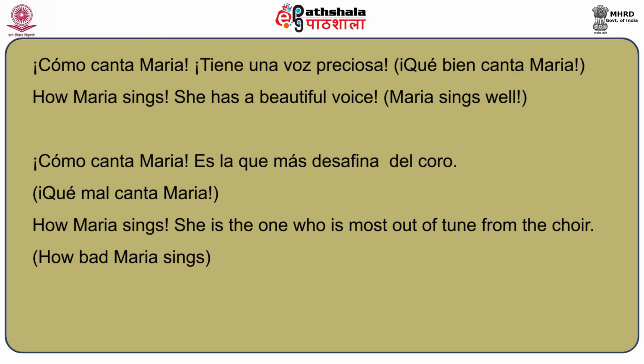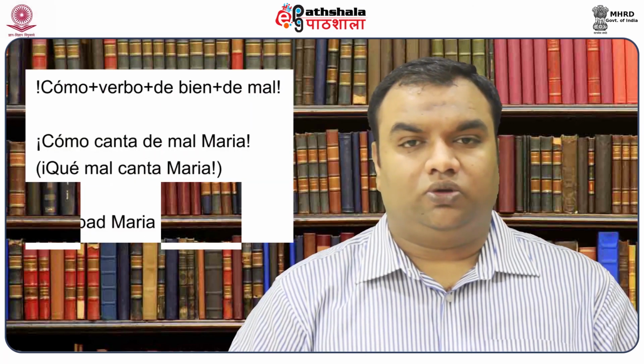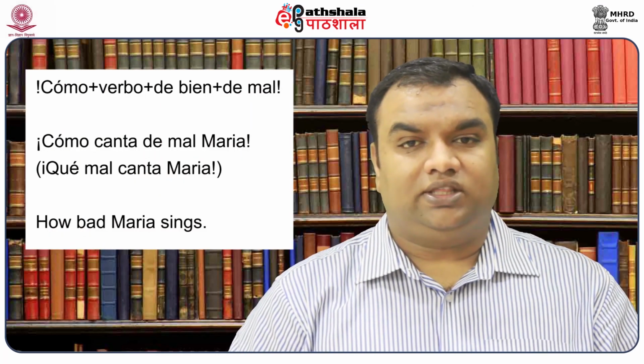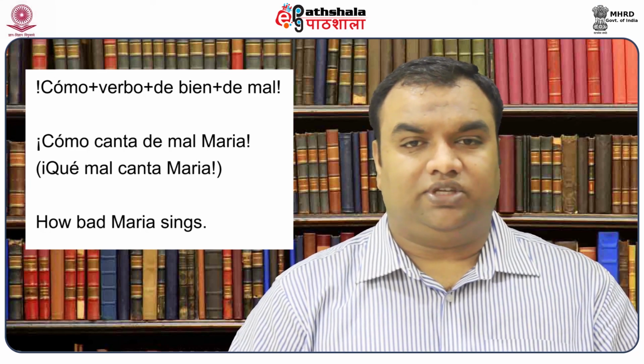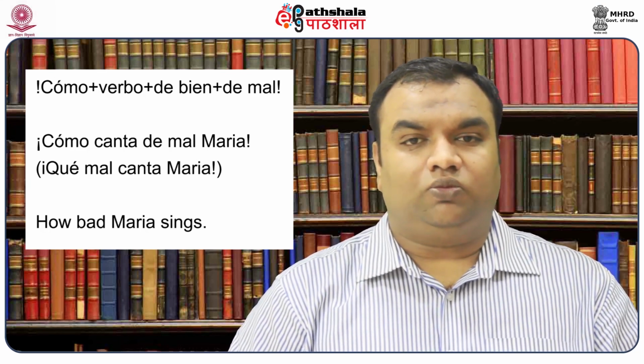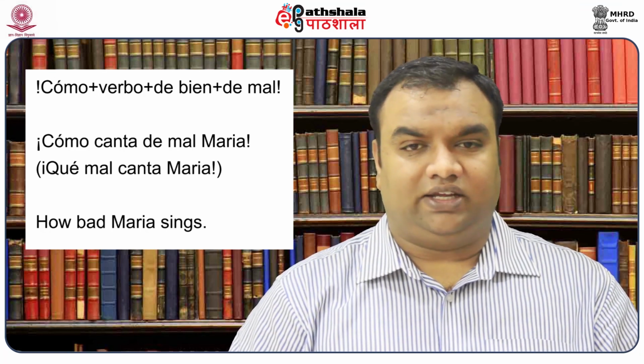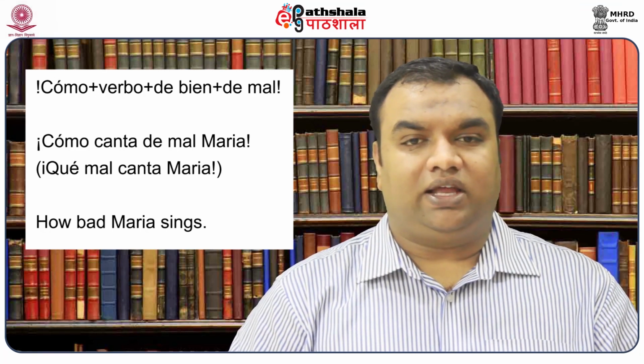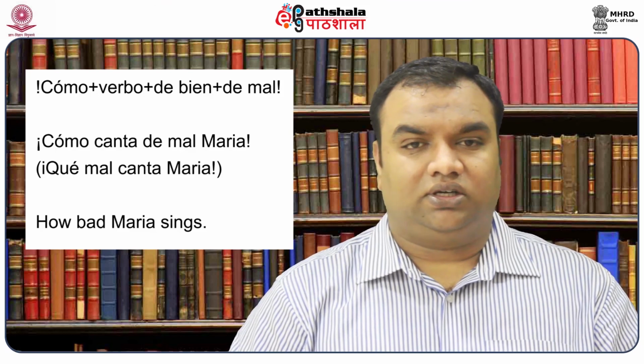How bad Maria sings. In order to clarify the positive or negative aspects, you can use the following structure: cómo + verb + de bien or de mal + the subject. ¿Cómo canta de mal María? Or qué mal canta María?